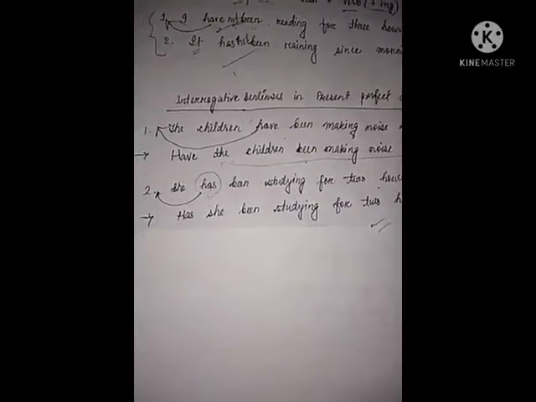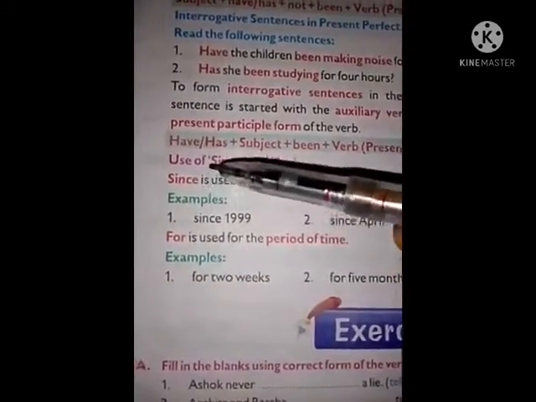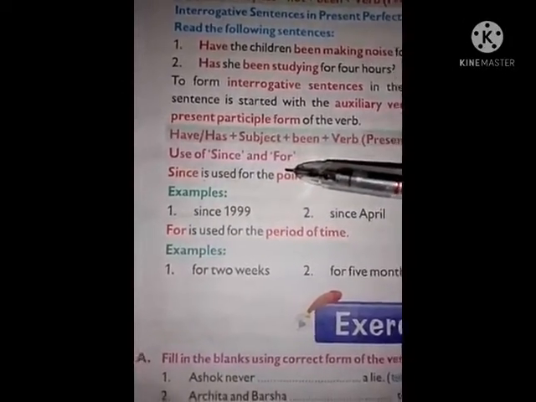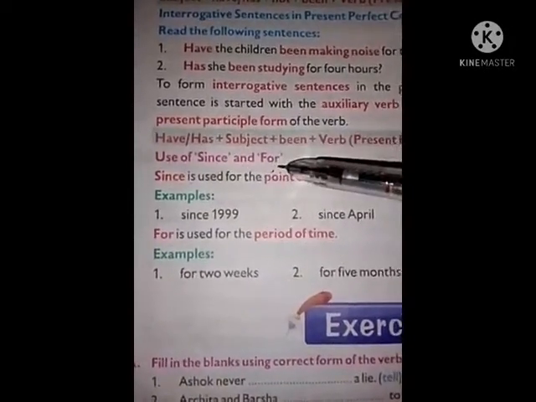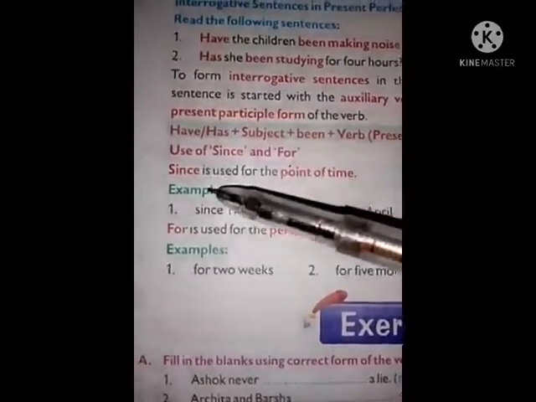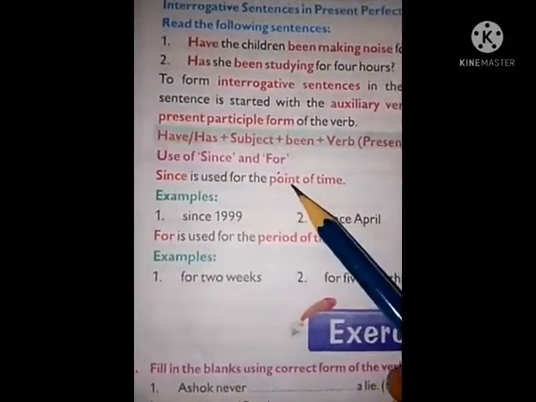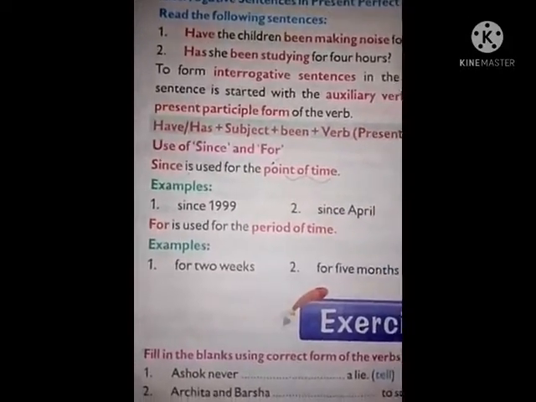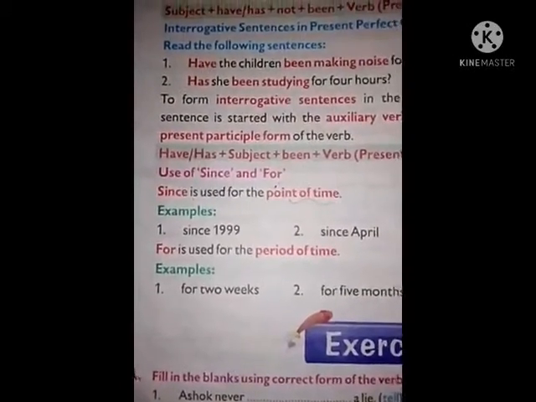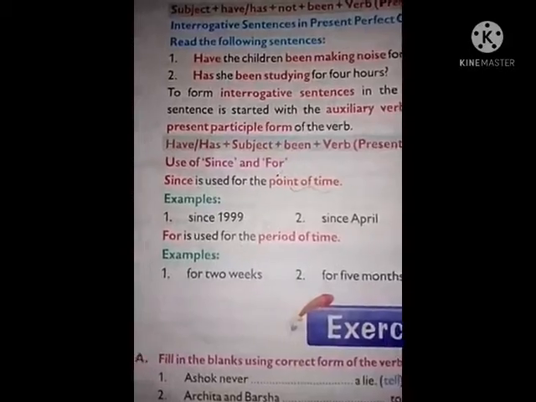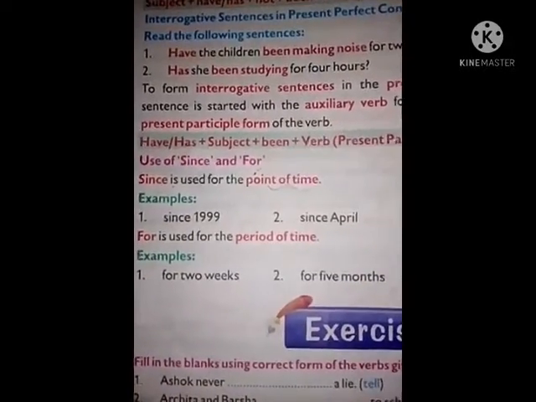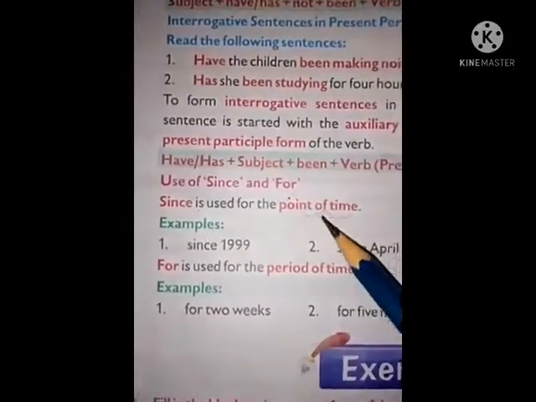Now see the use of since and for. Where are since and for used? Since is used for the point of time, means to indicate a point, not the particular date or number. Okay, since is used for a point of time.